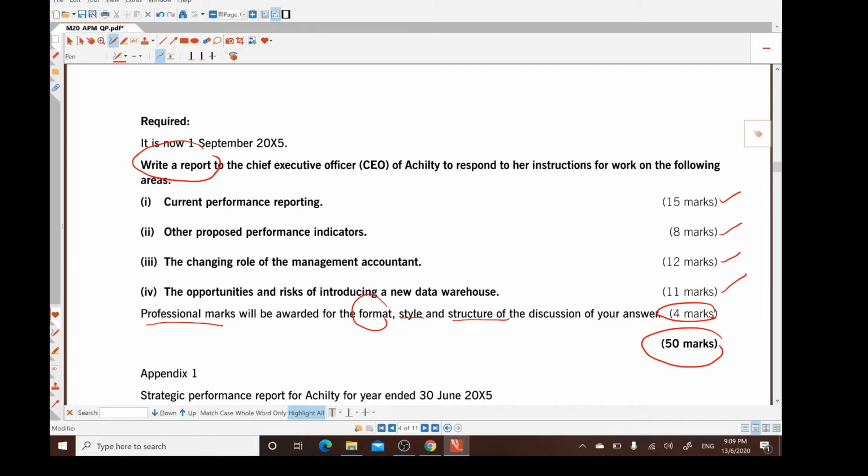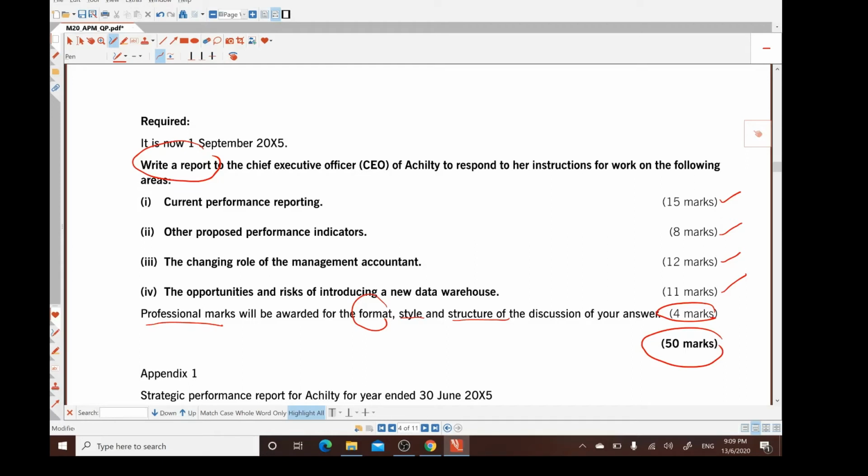More stories and some practical examples will be shared in our class or session, because we find that all these will eventually be applied in your exam question. Then do not forget the opportunities and the risks of introducing a new data warehouse.